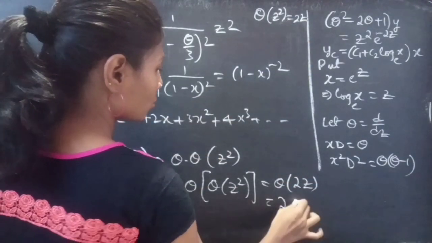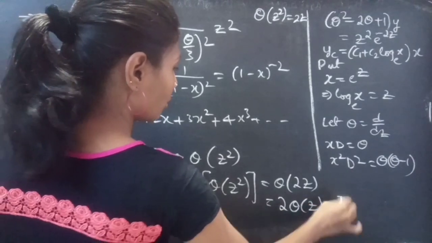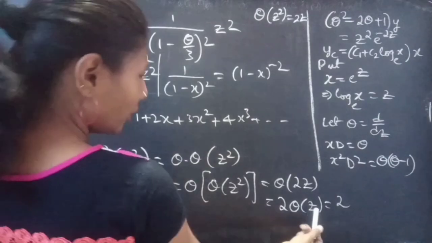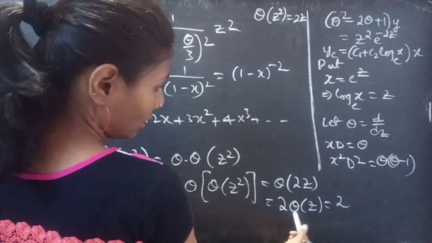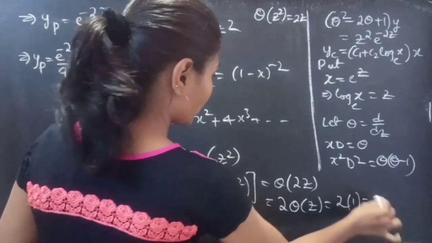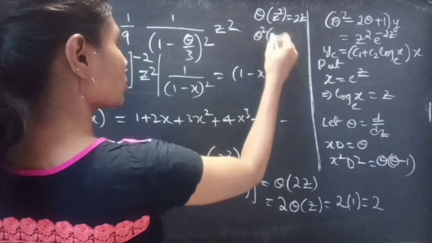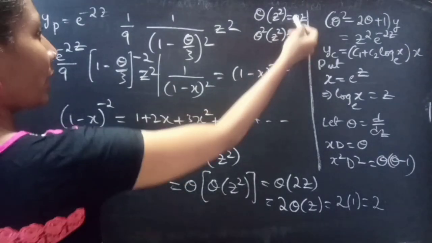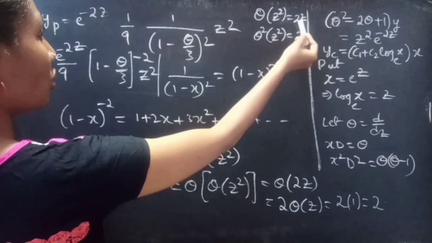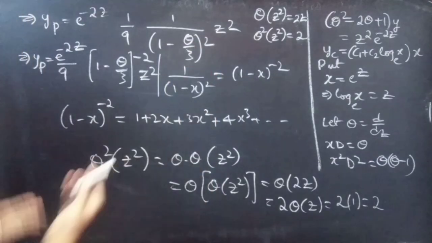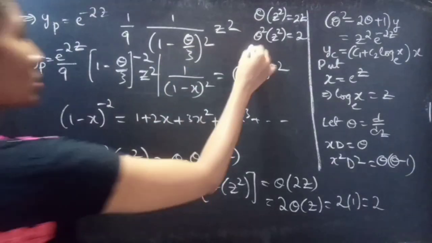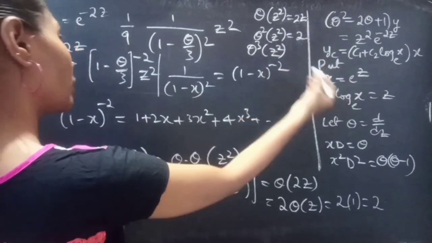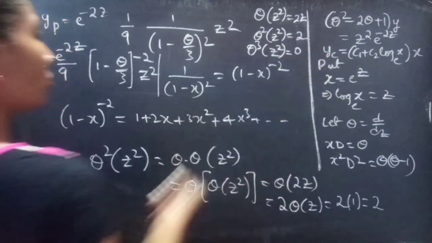Again, we can write this as 2 into theta of z, which is 2 into the derivative of z with respect to z, which is 1. We'll get 2 into 1, 2. So theta square of z square is 2. Or by looking at this, we can say that the derivative of 2z is 2, which is the value of theta square of z square. Likewise, theta cube of z square is the derivative of 2 with respect to z, which is 0, right?